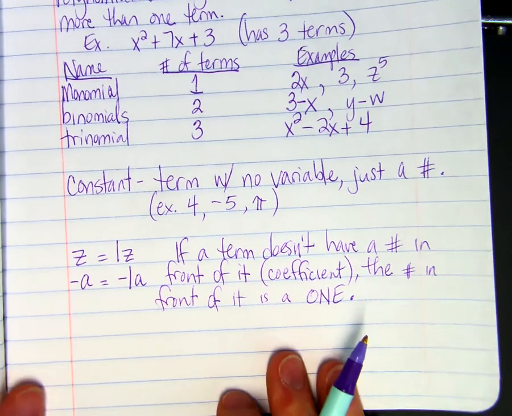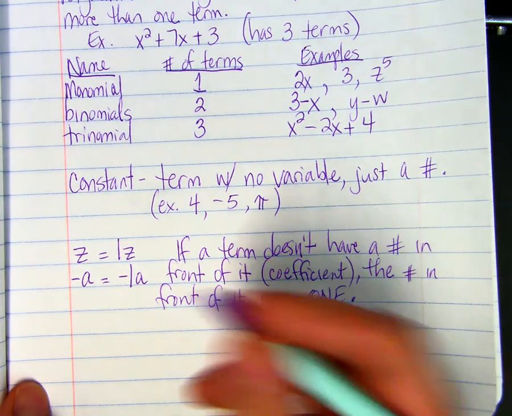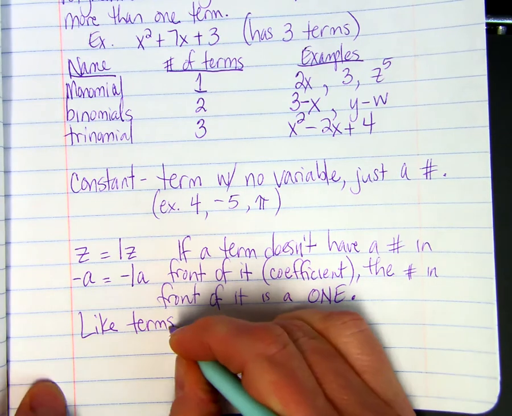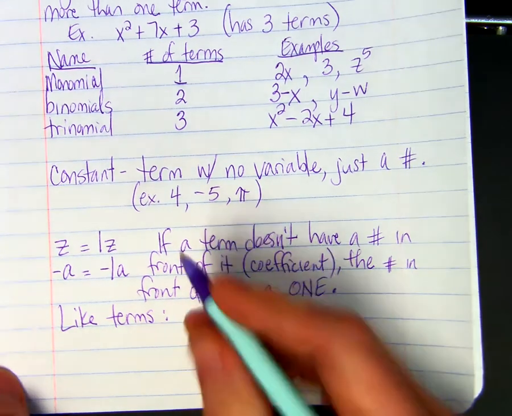Now we're going to get to our cows and pigs and candy bars and stuff. These are called like terms. Like terms are terms that have the exact same variables.